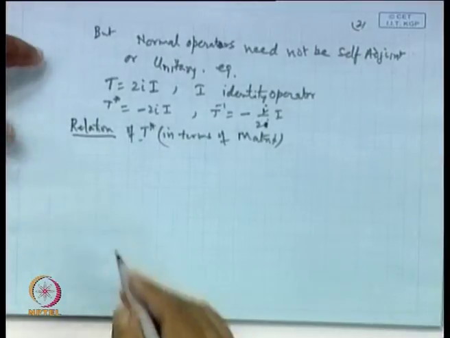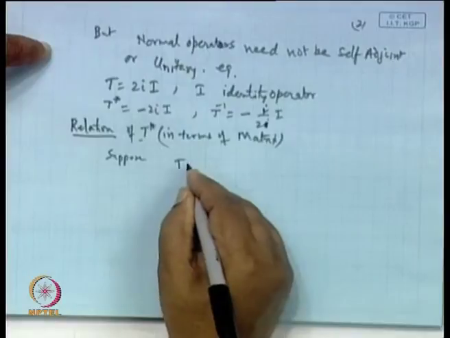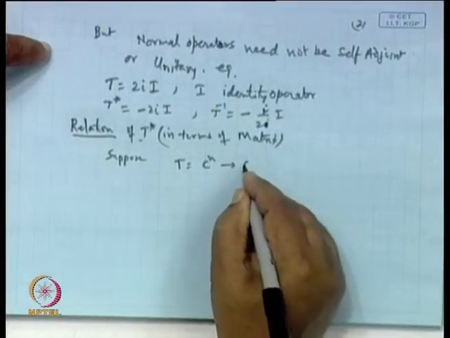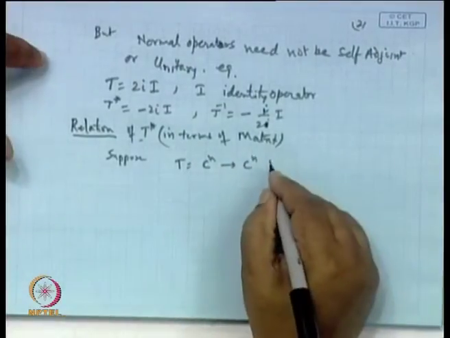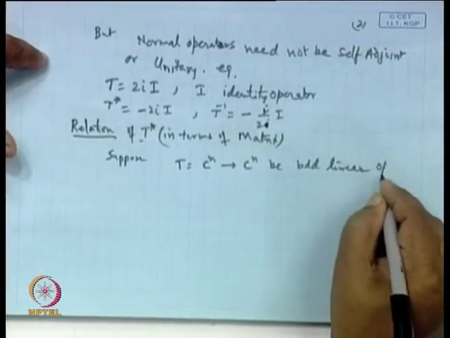Now, suppose T is an operator from Cn to Cn, a bounded linear operator.